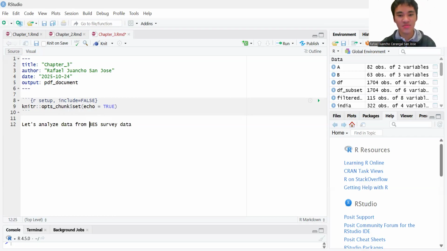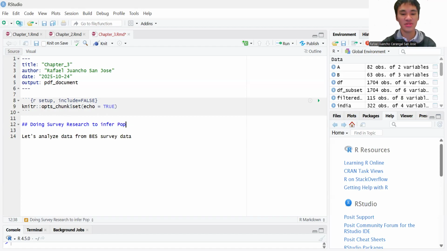So just to give context, I just learned about this. Don't worry. The topic that I'm learning right now on data science for social science is this idea of doing survey research to infer population characteristics.